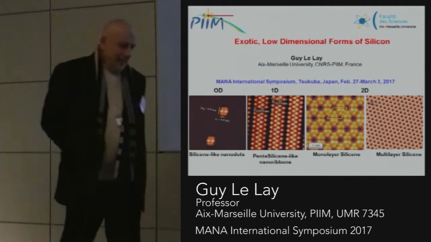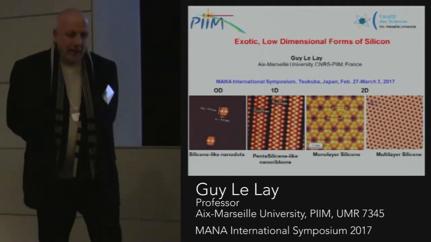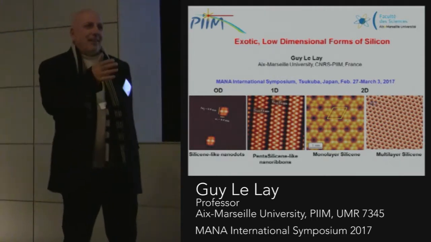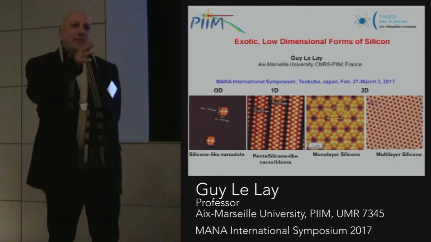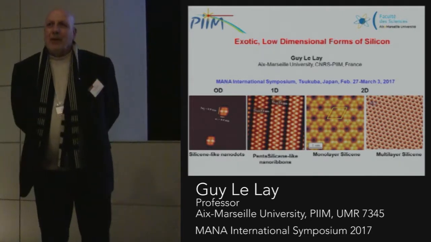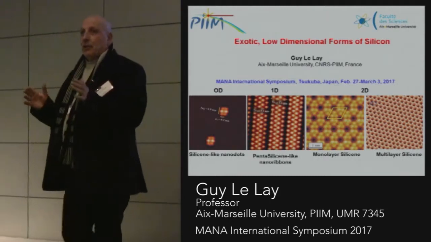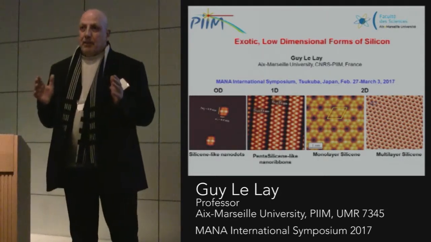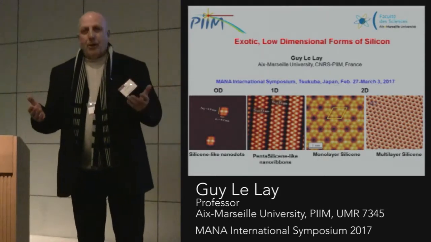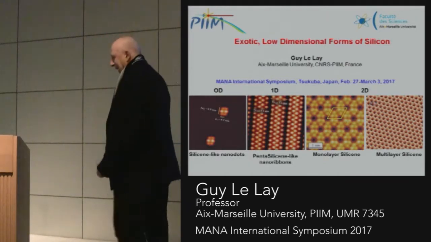So I will speak about these novel forms of silicon. In a sense, this is very similar to at least the first two talks of this morning. But now we are speaking of materials which do not exist in nature. So they are man-made or woman-made, I don't know, okay?